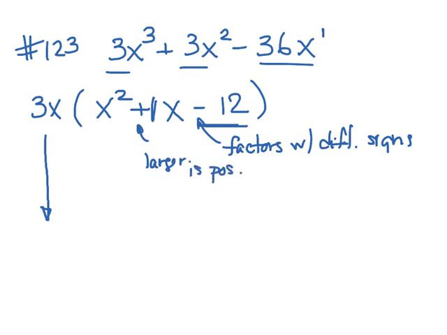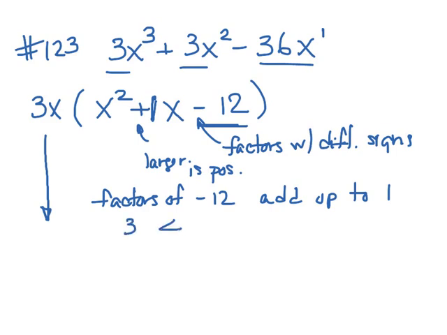Okay, so let's think about factors of negative 12 that add up to 1. So I have 3 and 4 as good candidates, right? And I know that the larger one is positive, so 4 is larger, so I have negative 3 and positive 4.